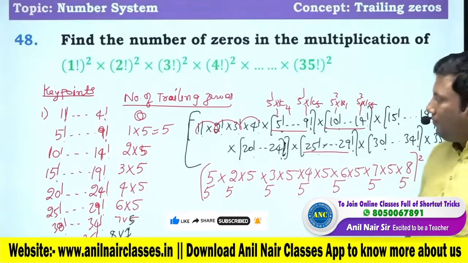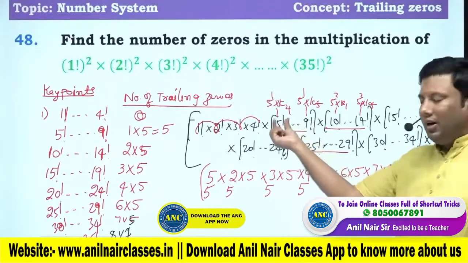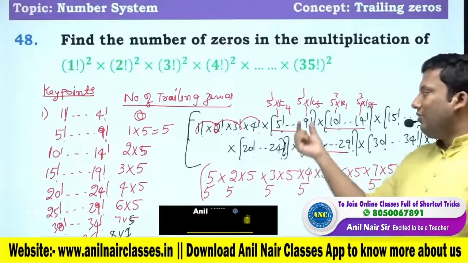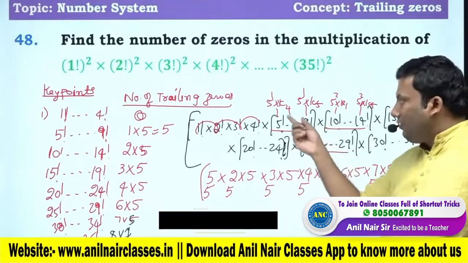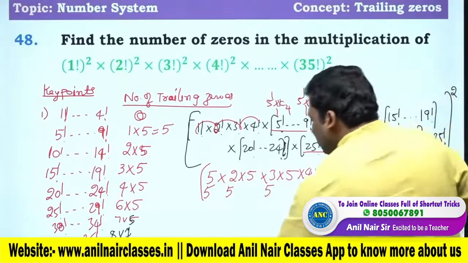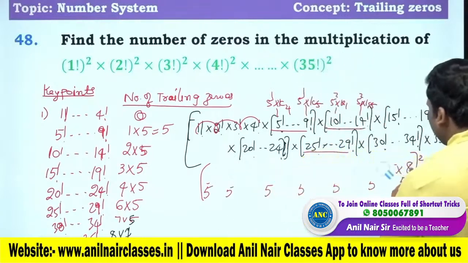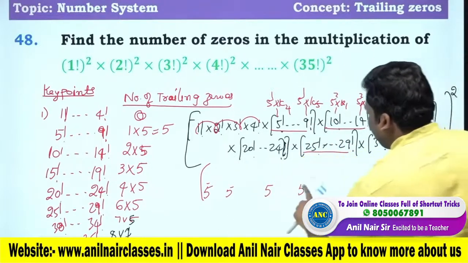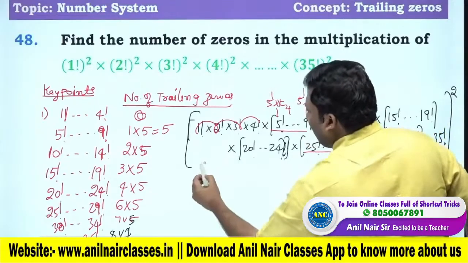From 5 factorial to 9 factorial, 5 power 1 into K1, 6 factorial 5 power 1 into K2, 9 factorial 5 power 1 into K5. From 5 to 9, there are 5 5s. So this will be addition because of 5 powers. Don't make this silly mistake. That is the reason I am writing it.